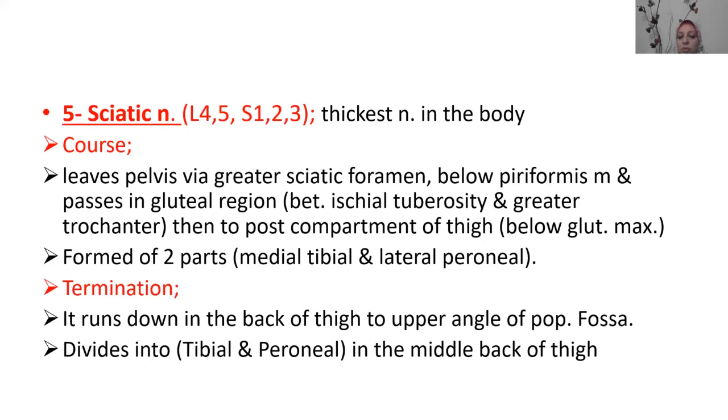Then it passes to the posterior compartment of the thigh, covered by the gluteus maximus muscle. It's formed of two parts, the medial tibial part and the lateral peroneal part. It runs down the back of the thigh to the upper angle of the popliteal fossa, where it divides into two terminal branches, the tibial and peroneal.